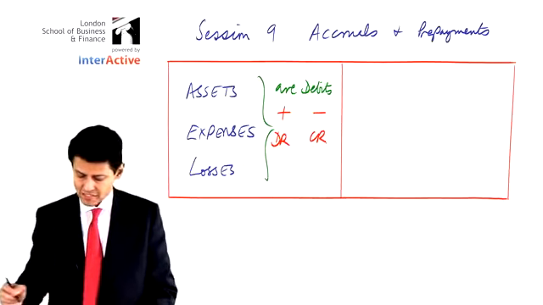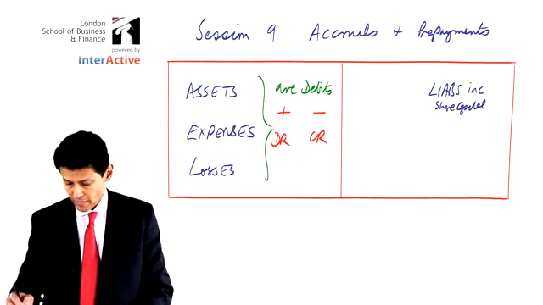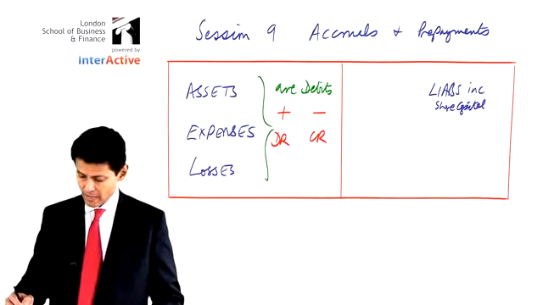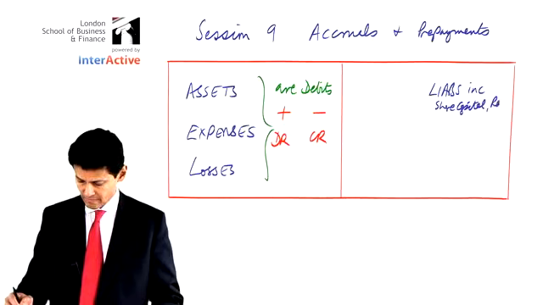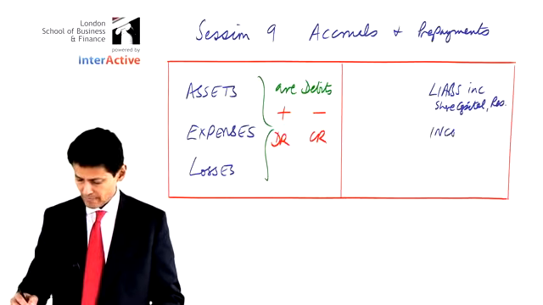Matching assets on the other side, we have things like liabilities, including, of course, things like share capital, where you have companies, as we will move on to very soon, reserves, profits, etc. The opposite of expenses, of course, is income.